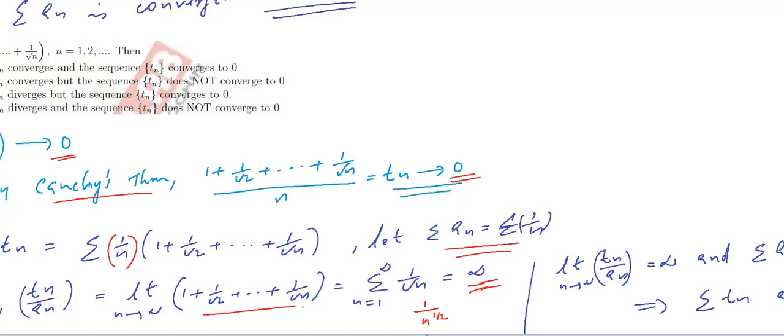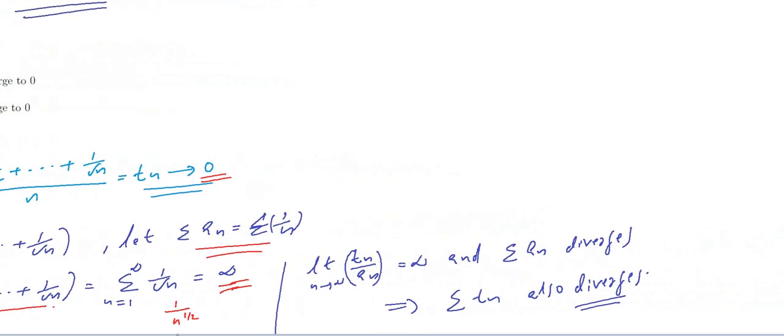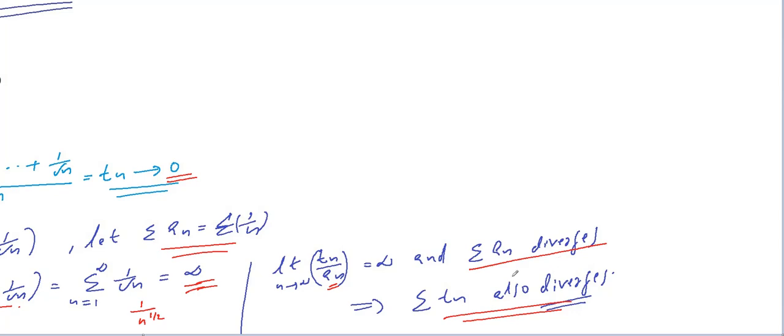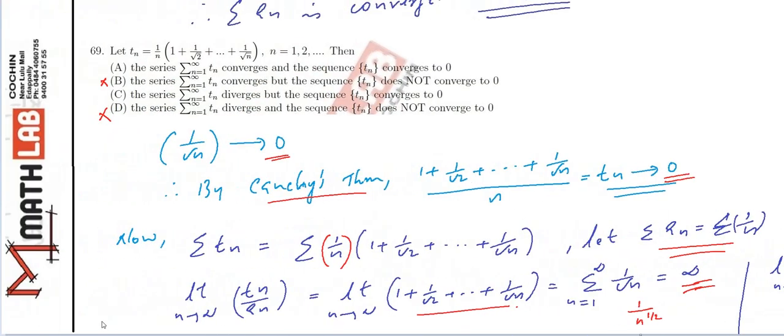If the sequence in the denominator diverges, then the other sequence also diverges. Such a theorem is there. Just go through that statement; it is written just below the limit comparison test in your notes. So we apply this, and clearly sigma Tn diverges. So the answer is C: the series diverges and the sequence converges to 0.